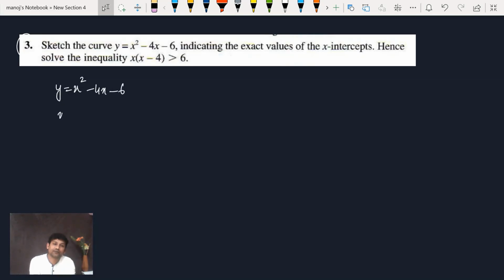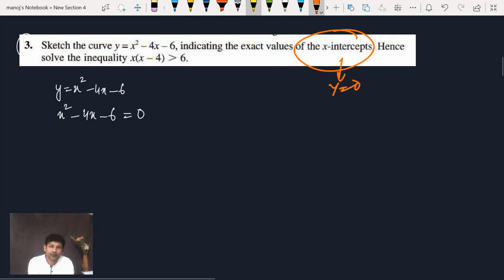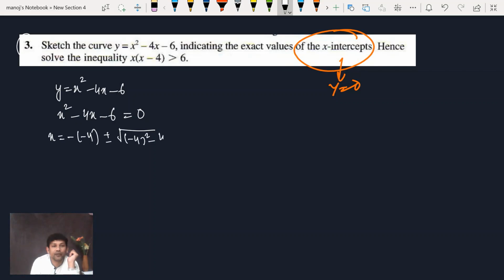I will write 0 here, because when I write y is equal to 0, we are talking about the x-intercept. This is y equals 0. Okay, we use the quadratic formula here. x equals minus b plus minus the square root of b squared, which is negative 4 squared, minus 4ac, where a is 1 and c is negative 6, upon 2a, which is 2.